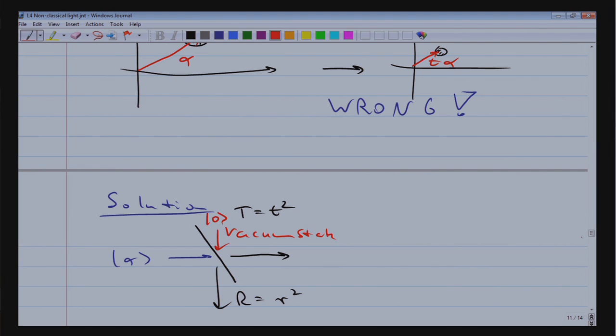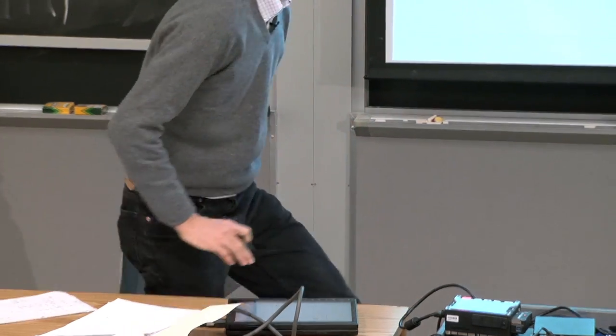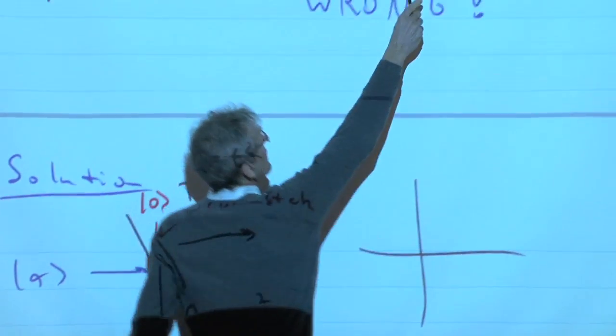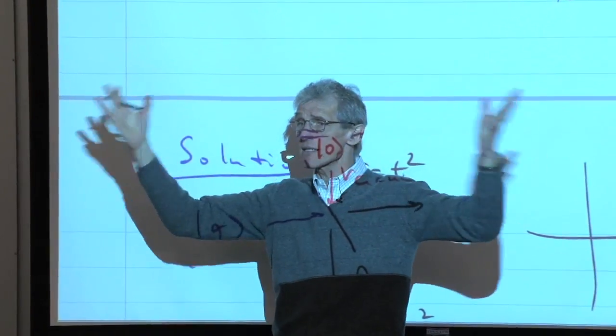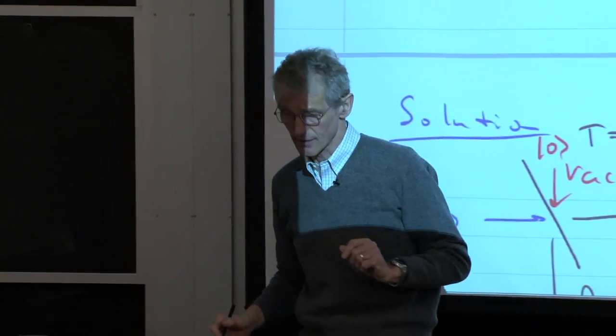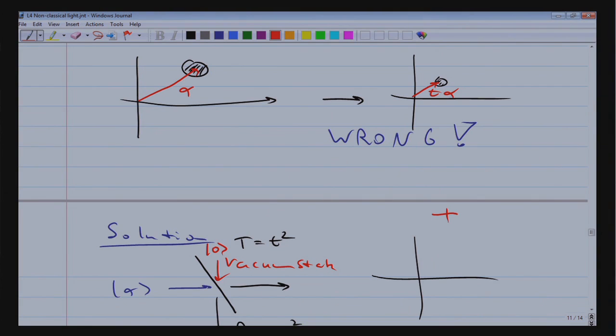So therefore, if you would realize the attenuator with a beam splitter, it would mean that in addition to the attenuated coherent state, which mathematically is also attenuating the fluctuations, you have to add the reflection coefficient times the vacuum state.